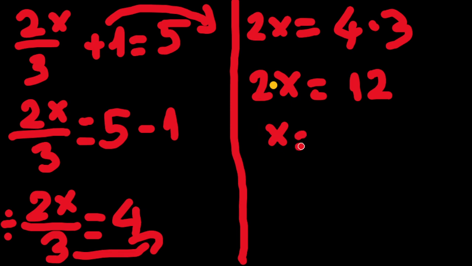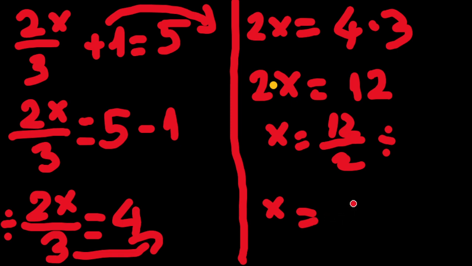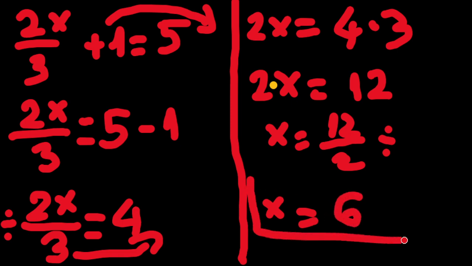So x equals 12, we have 2 multiplied by x, so 12 over 2. This one is like a divide, like I mentioned before. So 12 divided by 2 equals 6. So x is 6. Okay, let's move on.